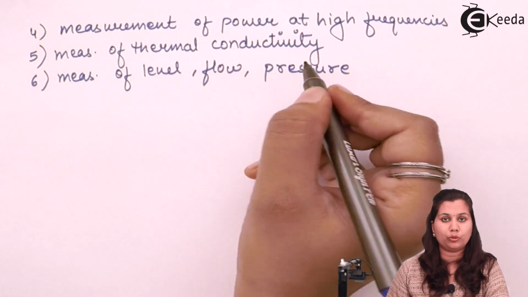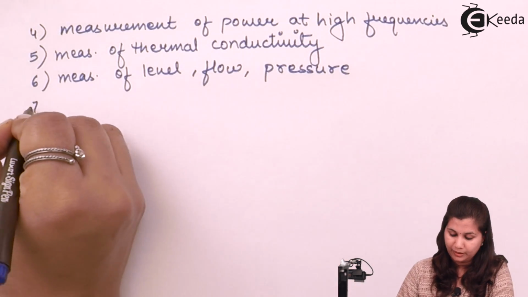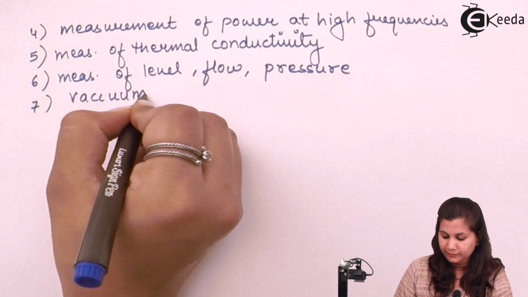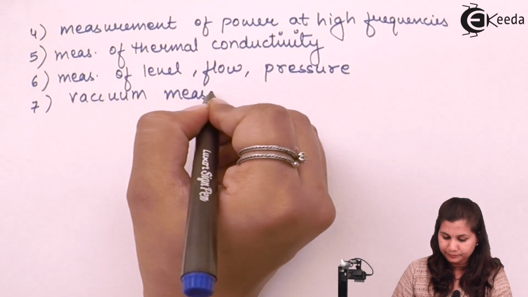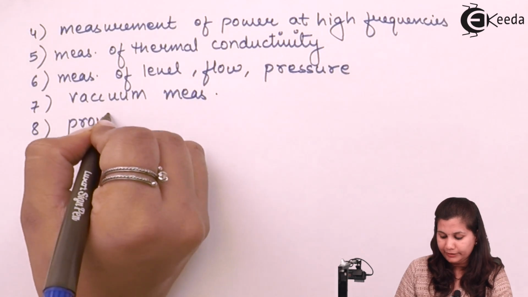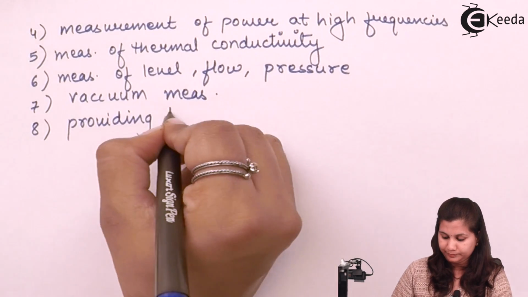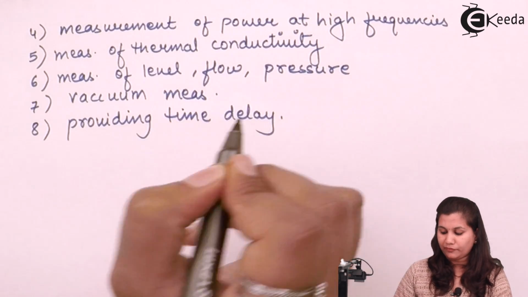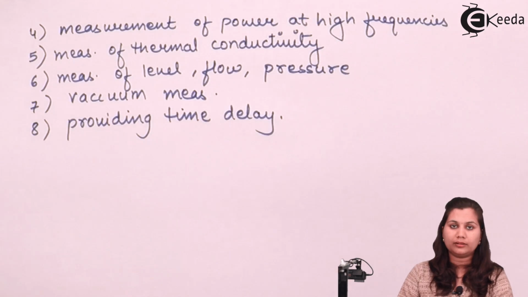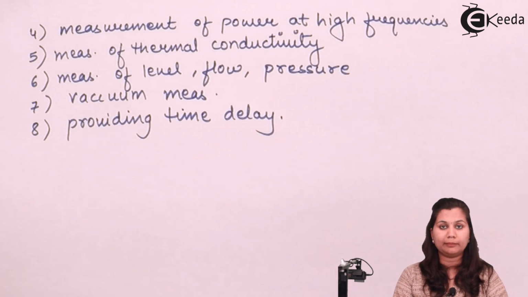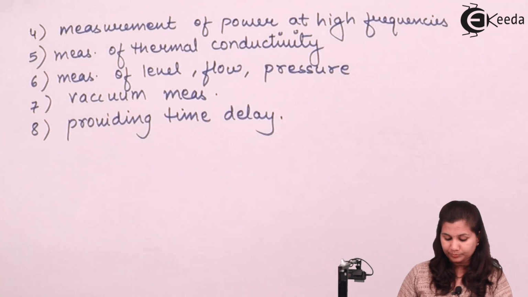Measurement of level, flow and pressure of liquids can be done. Vacuum measurements can also be done. And also for providing a time delay. So these are some of the applications of thermistors, that not only temperature but also other physical quantities can be measured with the help of thermistors.